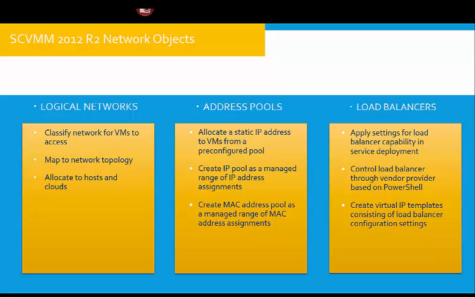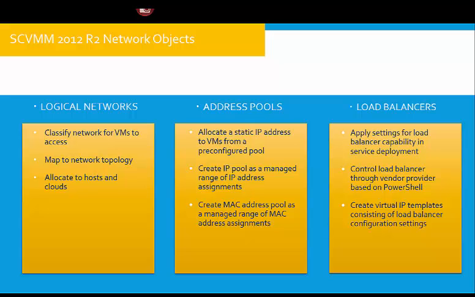Address pools allocate a static IP address to a VM from preconfigured pools. Create IP pools as a managed range of IP address assignment, and create MAC pools as a managed range of MAC address assignment. Load balancers apply settings for a load balancer capability within a service deployment.